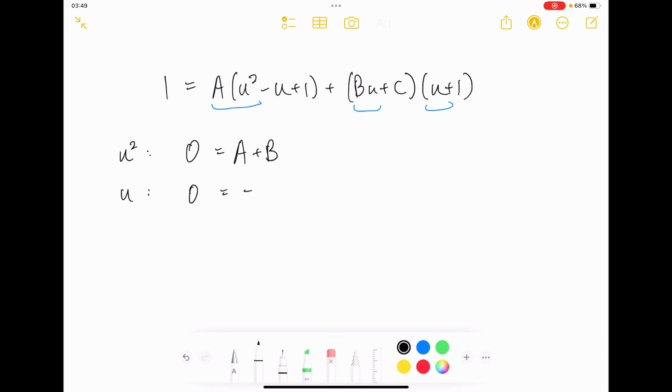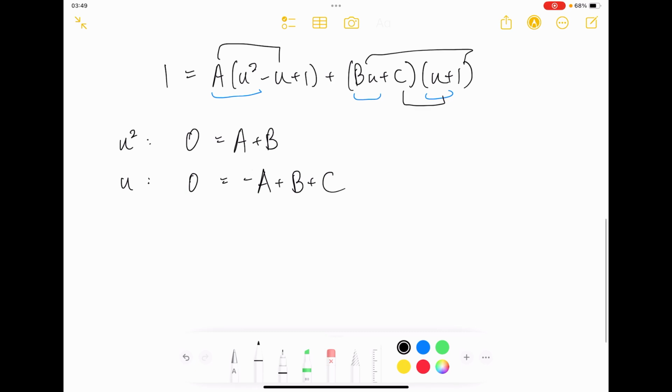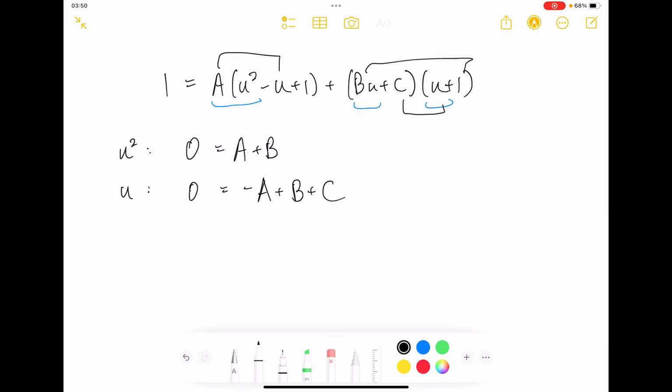On the right it's negative A plus B plus C, because we've got that, and then Bu times 1, and then Cu. And then the constant term, we've got 1 on the left, and then A plus C. Yes, I think that's fine.